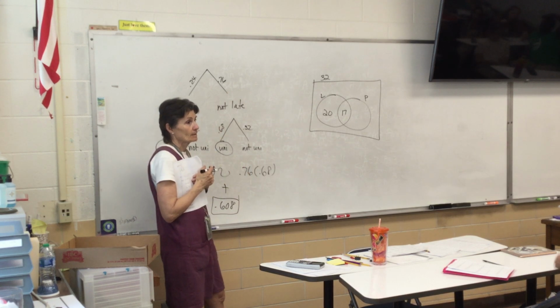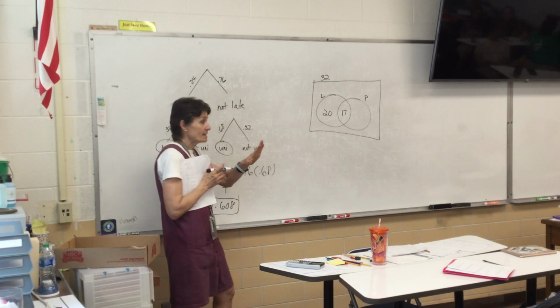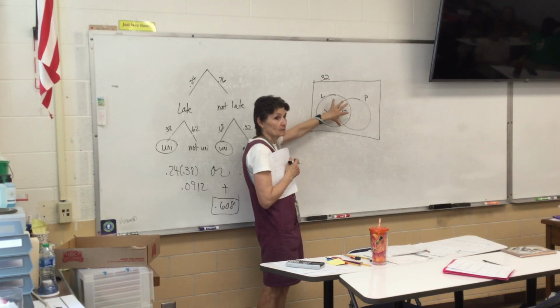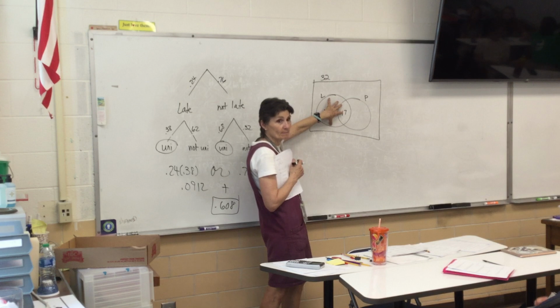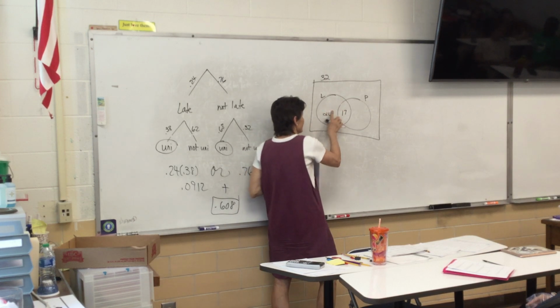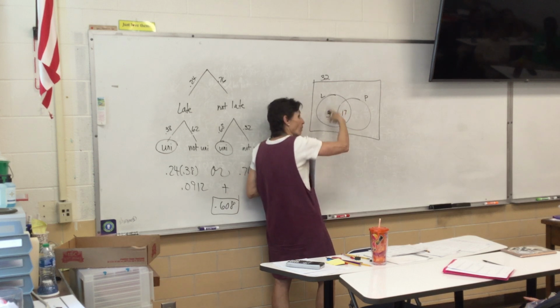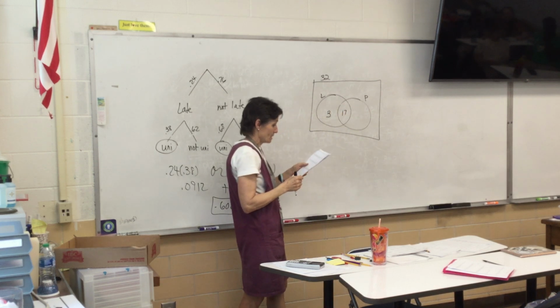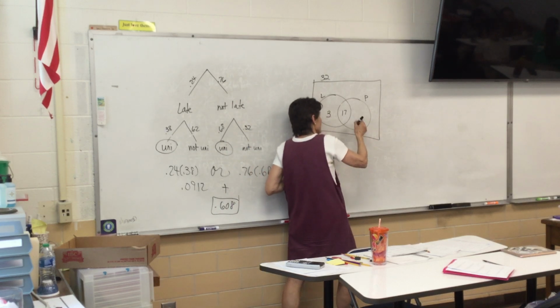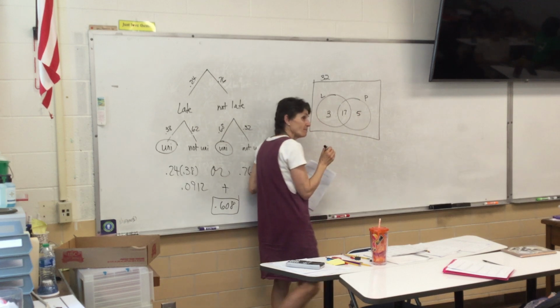So the 17 like both. 20 is the whole L ball. These are the people who like logarithms, and there's 20 of them. But you already counted 17 of them, so this isn't a 20, this is a 3, so the whole ball is 20. And similarly, the whole P ball is 22, so this is 5.